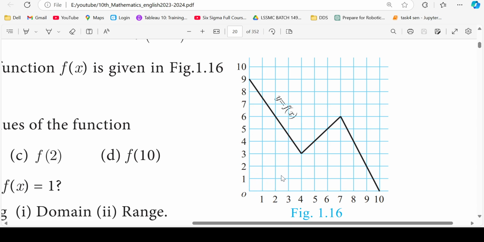We need to go to the right side and see at which point it intersects this line. This point, based on the x-axis, would be the answer.